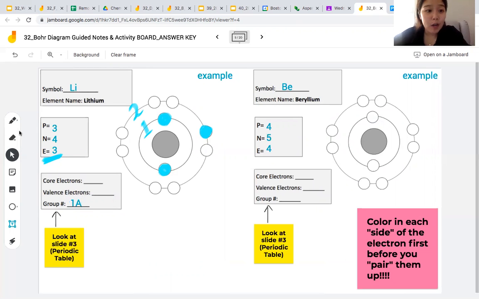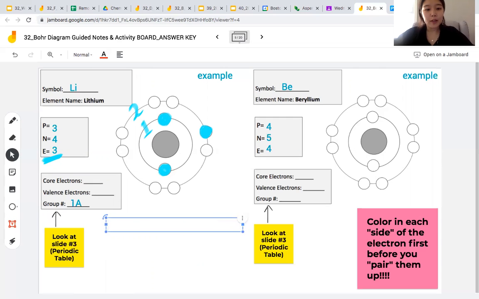And when we talk about core and valence electrons, I will define it right here. I will define it in, sorry guys, red, so you guys can see it.